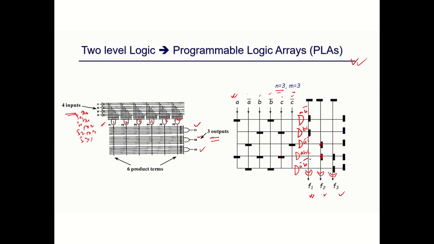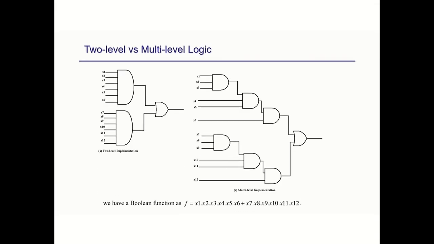Fine. Is there any other technique by which we can define all of these? Just need to check. In two-level synthesis, this is the first level and this is the second level. The first level is defined with a single type of plane, which can be an AND.